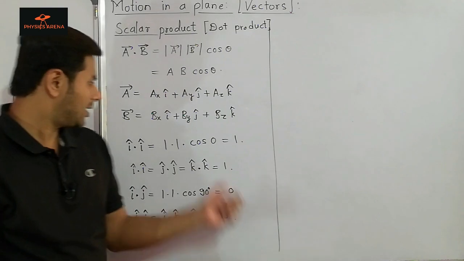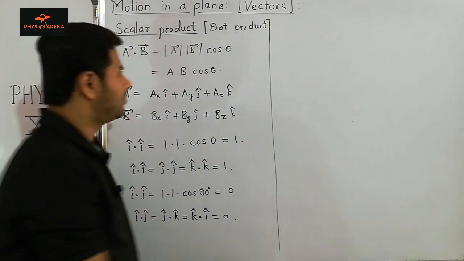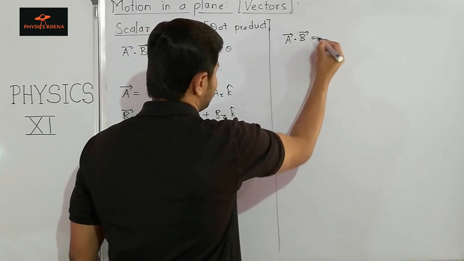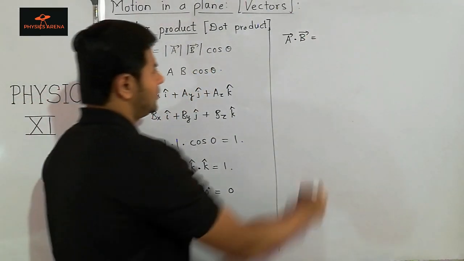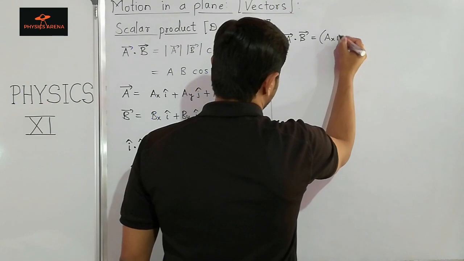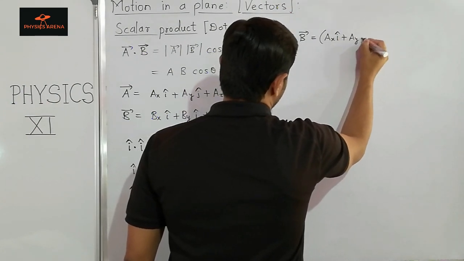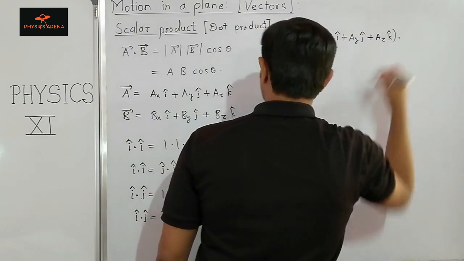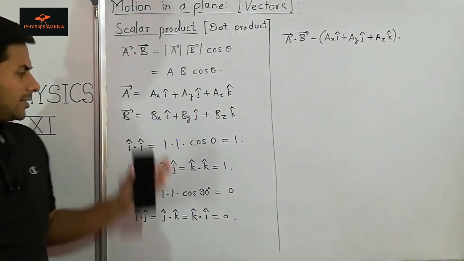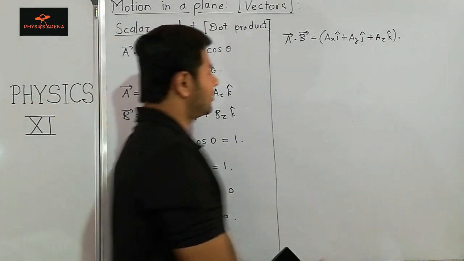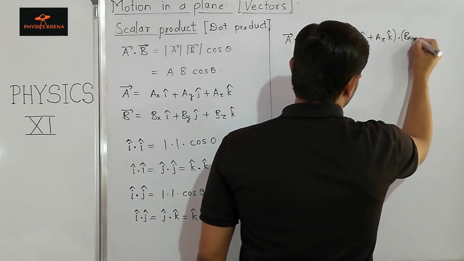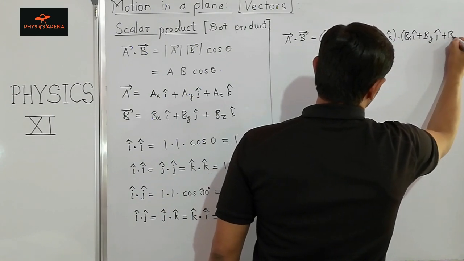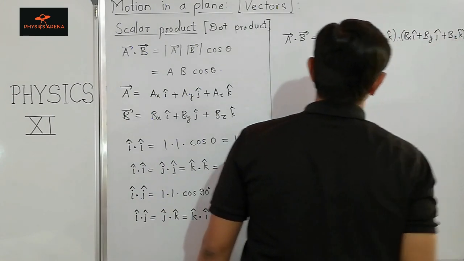So let us find the scalar product of a bar and b bar. So a bar dot b bar is equal to ax into i cap plus ay into j cap plus az into k cap, multiplied by bx into i cap plus by into j cap plus bz times k cap.